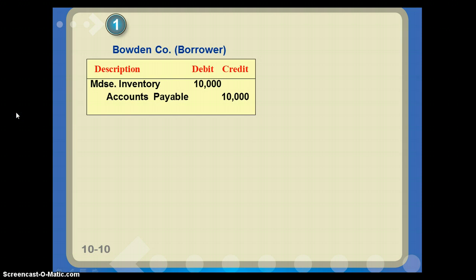So we go ahead and take a look at this. Bowden Company, the borrower, we have an accounts payable. We bought merchandise on account. So our merchandise inventory increases, our accounts payable increases. Okay, so now we look at Coker Company. Coker Company made a sale. They are the creditor. They're lending us the money, kind of, by selling us the merchandise ahead of time, and we're paying for it later.